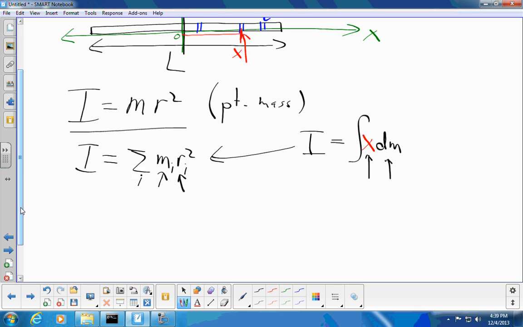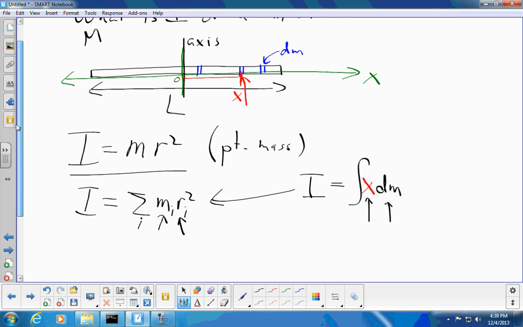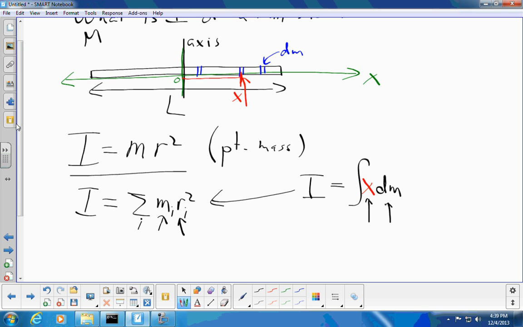Same rules apply as before. This is the integral that's been set up. Before I actually integrate a function, remember, I have to do the following. I have to get everything in front of the d whatever term to be either a constant or a variable, and I have to take this dm and turn it into d of that variable. I didn't explain that very well. It's what we did earlier with center of mass stuff.